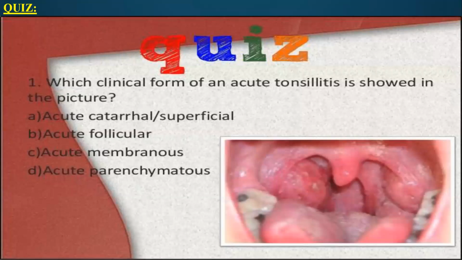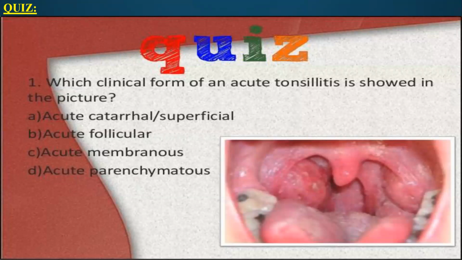I will give you the hints. In follicular, as I already told, there will be yellowish spots. That is the main distinct clinical feature of follicular. There will be yellowish spots, and redness and swelling in the tonsils.